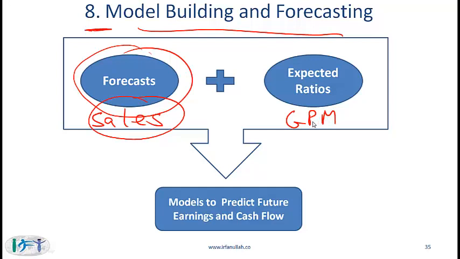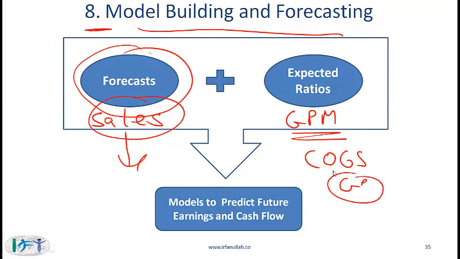If you have a prediction for the gross profit margin, or you have an expected gross profit margin based on your evaluation of the company, then you can use the forecasted sales and your prediction of the gross profit margin to come up with your estimate of cost of goods sold. And then you can come up with the gross profit. Similarly, based on other ratios, you can predict other items on the income statement, and eventually you can predict the net income.